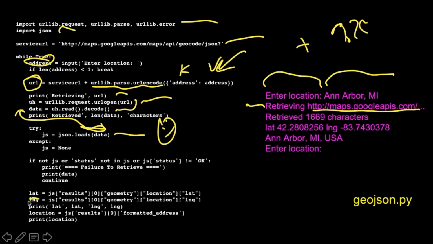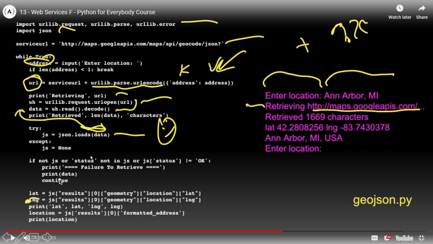And so now we're going to dig through. If you go back, let me just... He's exasperated. Look, what about us? If not js, or status not in js, or js status does not equal OK, this stuff. Why not go over this? We're fresh, aren't we? But I don't know. Let's keep going.